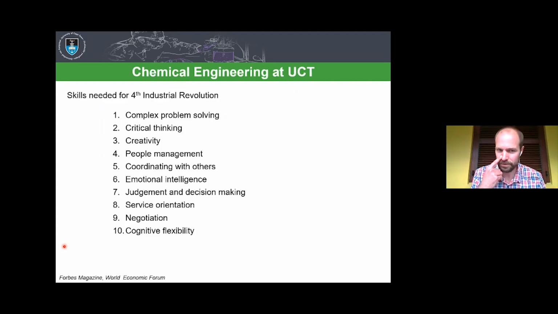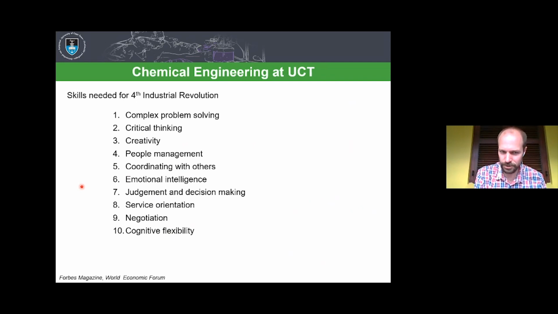And if you now think about all those skills, and then you look at what was published by the World Economic Forum last year around the skills for the fourth industrial revolution, so the skills you need now and for the years to come, that is complex problem solving, critical thinking, creativity. So all of those that I had on the previous slide. We teach the science and we teach the unit operations. That's what we call the technical skills.